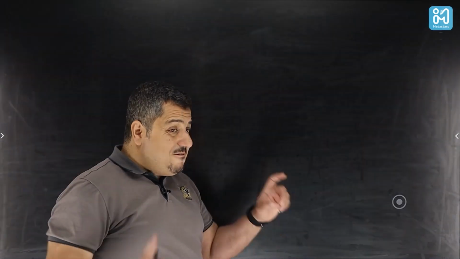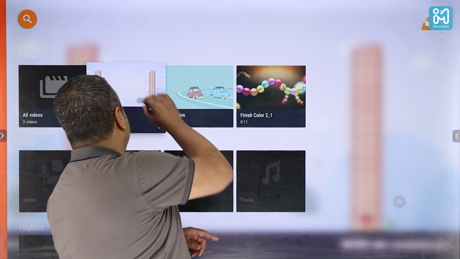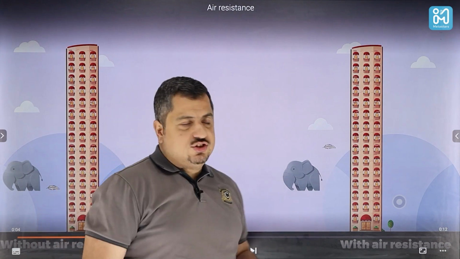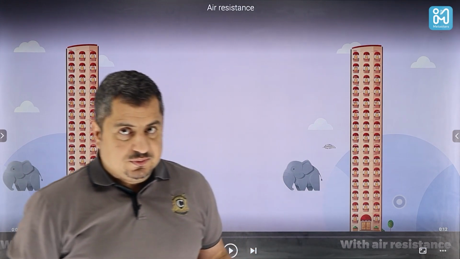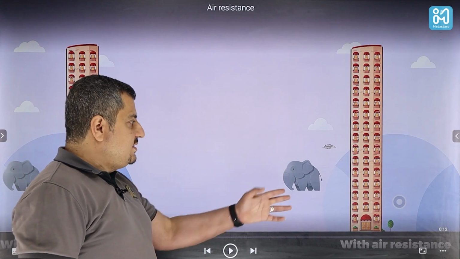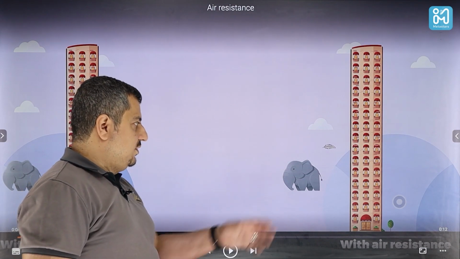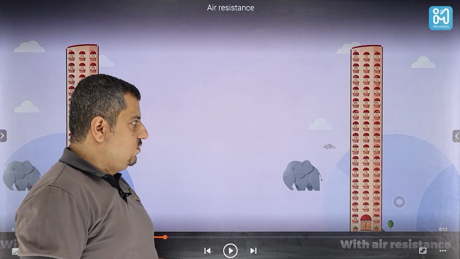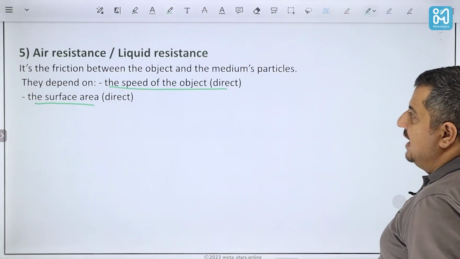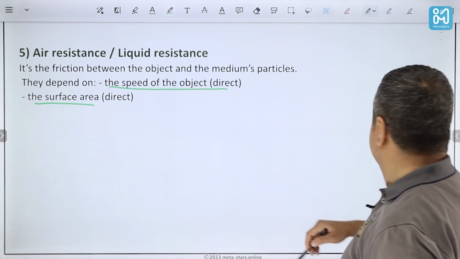The effect of air resistance on the feather is larger than the effect on the elephant, and so the elephant will reach the ground faster. Now, the reason behind this, I will explain with an example to show it.